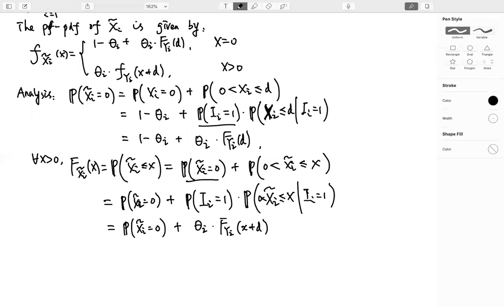Or if you want, you can write one more step. Let's write one more step. Because given I equals 1, my x tilde equals y.